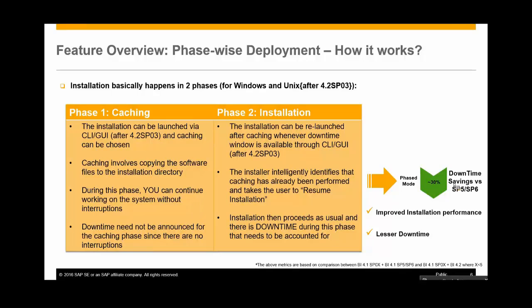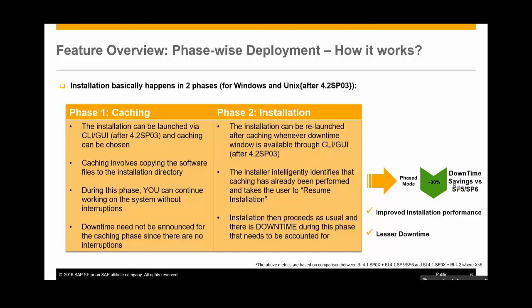Once you resume installation, that's when your downtime comes into picture, and that's where you would have to announce production downtime. By splitting the whole installation into two steps, that is caching and installation, we are effectively bringing down the overall install time, and also eliminating the need for a downtime during the caching phase.